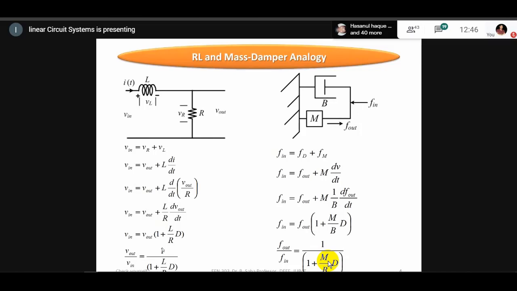In the RL circuit it is written 1 over 1 plus L by R d, but in the case of mass damper, it is 1 over 1 plus M by B d. So M is equivalent to L, and R is equivalent to B. So they have a good relation, right?